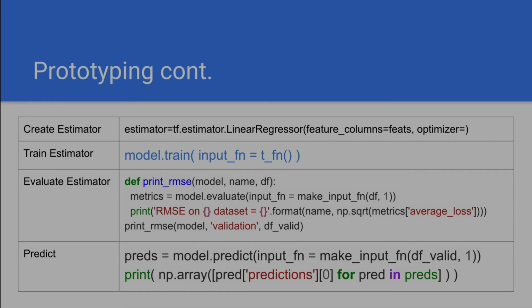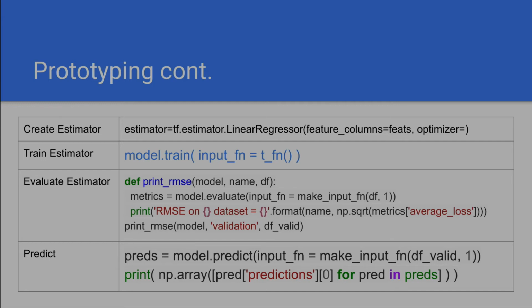So in this example on the screen, what we're doing is we're creating a linear regression model. So our estimator is an instance of tf.estimator.LinearRegressor. And recall the feature columns which we created at the beginning. We specify them as a parameter. We also need to specify an optimizer. Now you need to train your estimator.